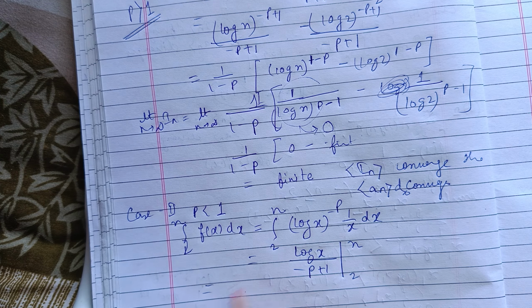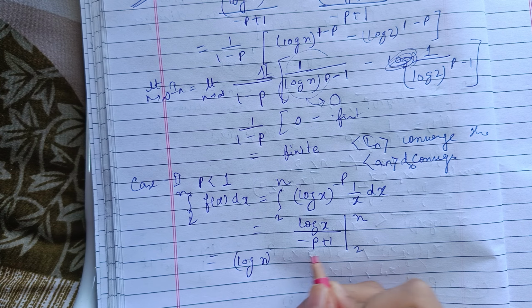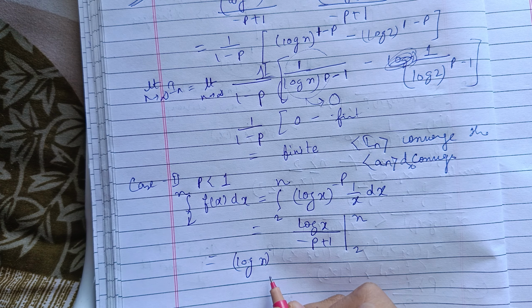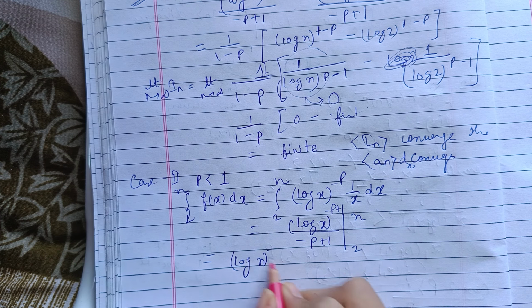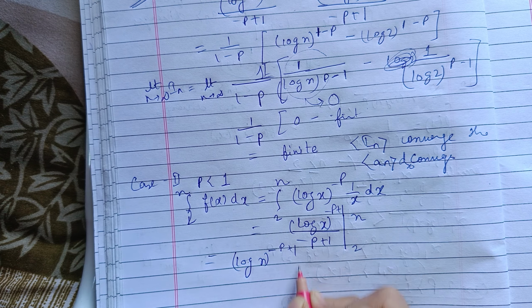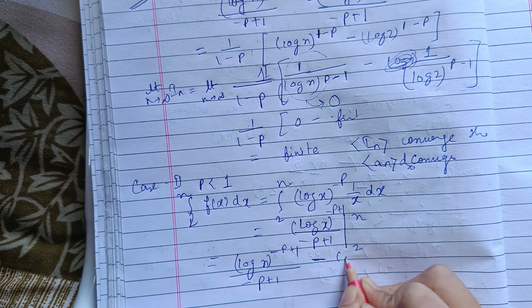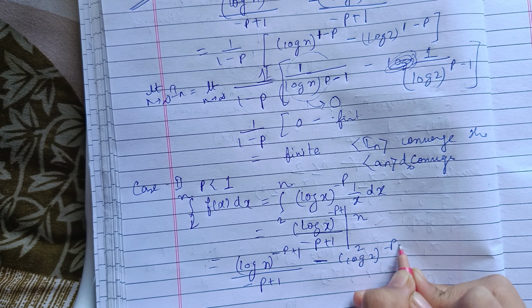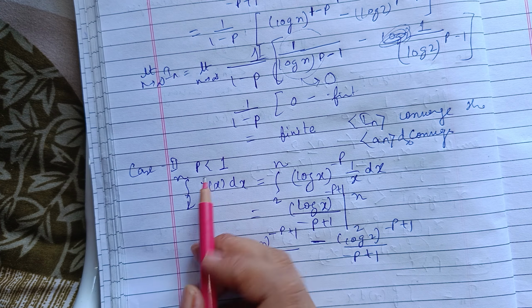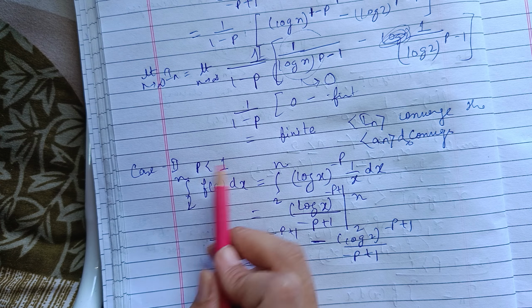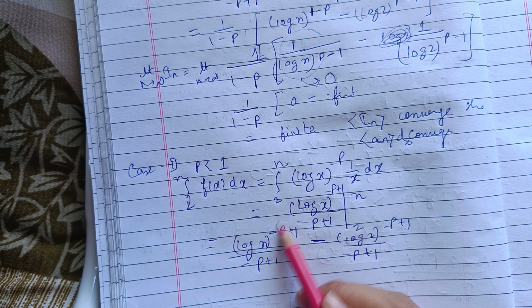After this, the step was also the same: log n to the power minus p plus 1, actually I missed this power, by minus p plus 1, again minus log 2 to the power minus p plus 1 upon minus p plus 1. Now here we have imagined that p is less than 1. So if p is less than 1, then this will give you a positive result.